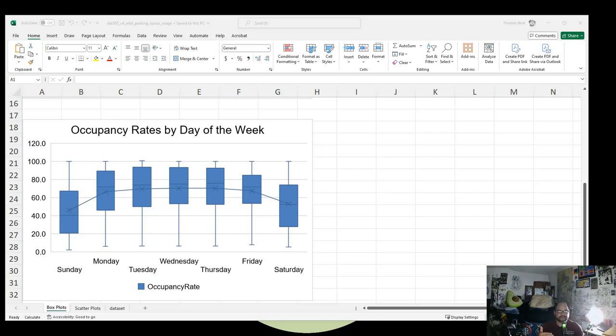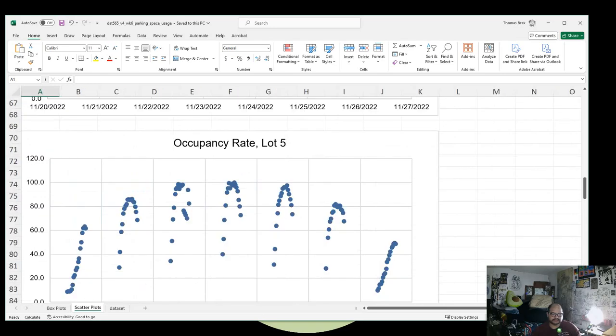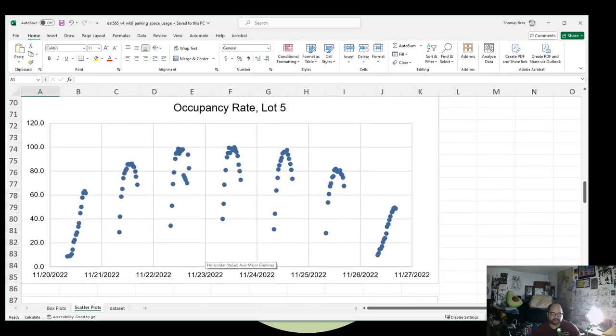Now, what's going to give us a lot more information is when we look at these scatter plots. Specifically, we're seeing the breakdown for the week of 11/20/2022 all the way to 11/27/2022.